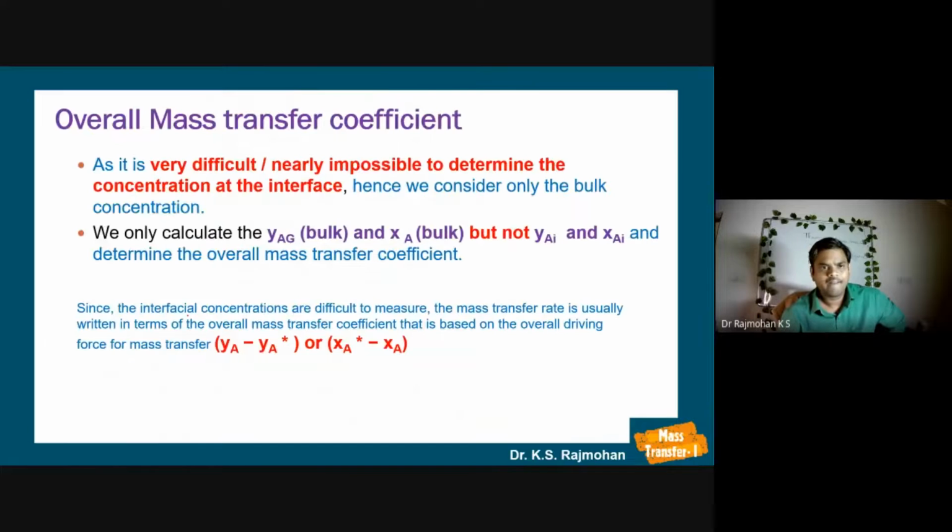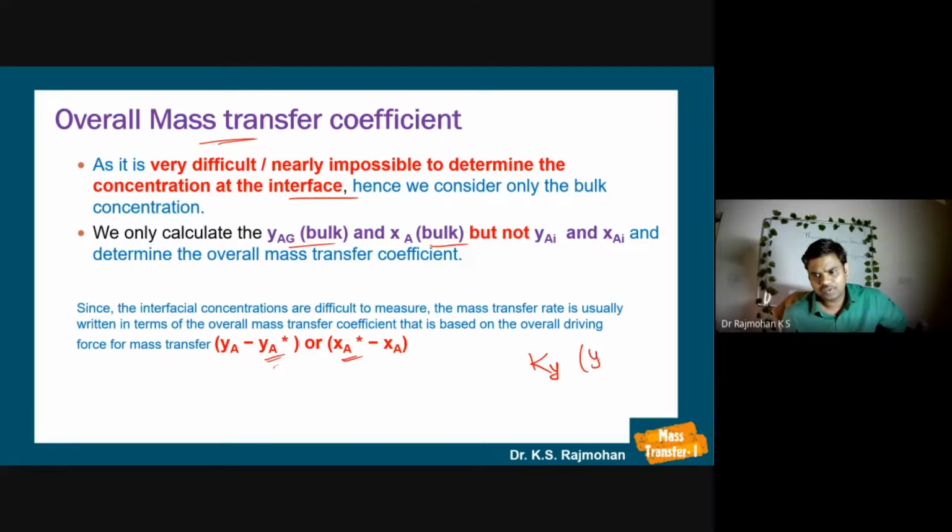And this overall mass transfer coefficient has to be defined because it is impossible to measure the interface concentration. We can only calculate the bulk composition, and the corresponding values can be used to define the driving force in terms of YA star and XA star, where the corresponding mass transfer coefficient is the overall mass transfer coefficient, depending upon your driving force.